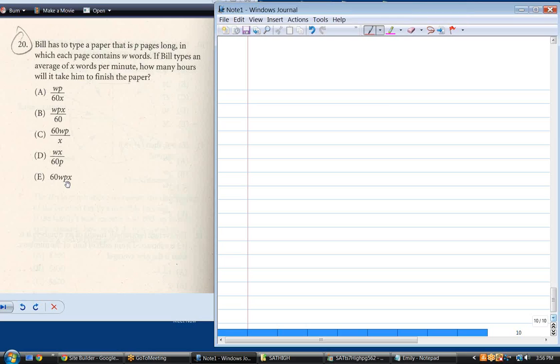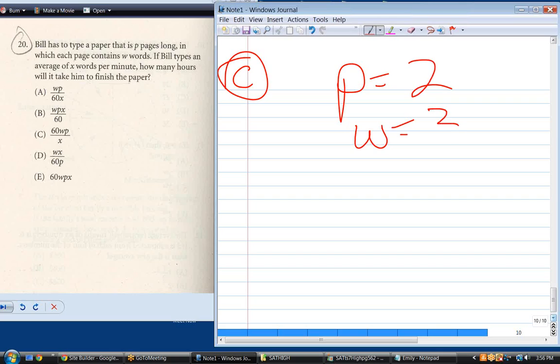You think it's C? Yeah. Okay. Let's try C. Make up some numbers for P, W, and X. P equal 2, W equal 3, X equal 5.